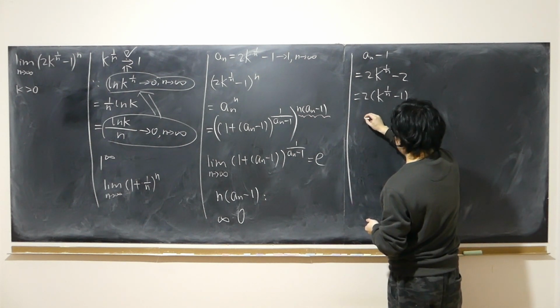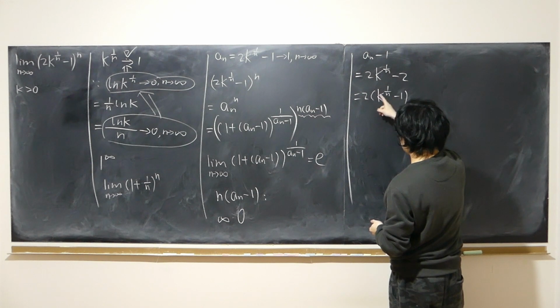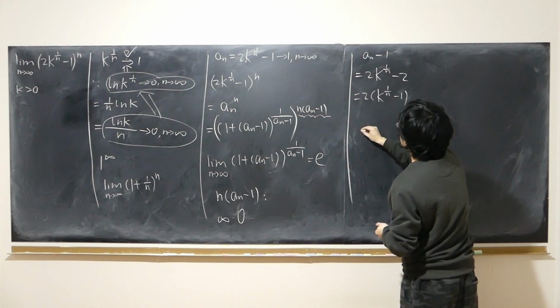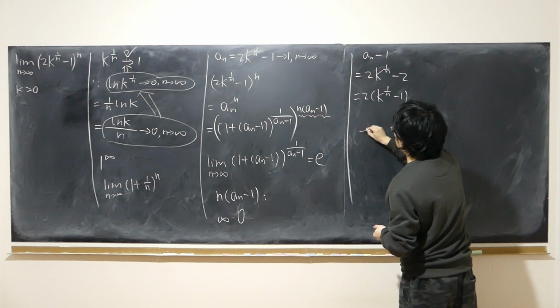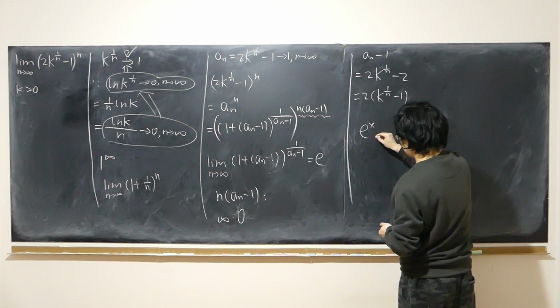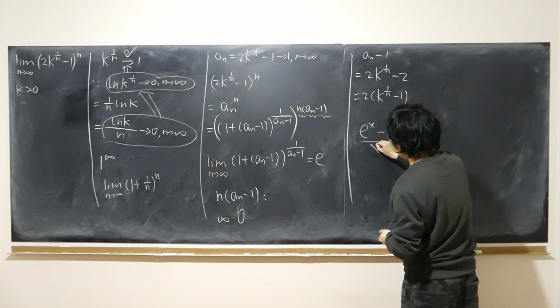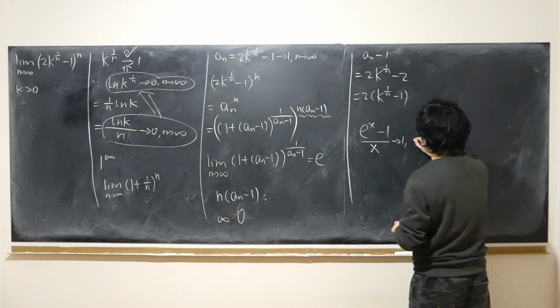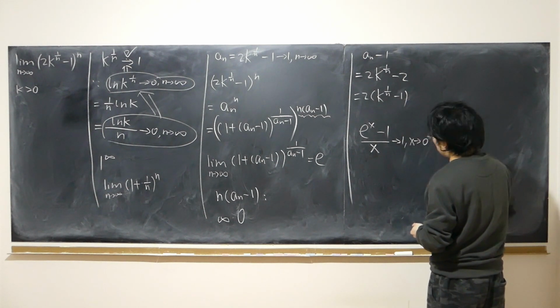I noticed that I can change the base. First of all, we know for a fact that (e^x − 1)/x approaches 1 as x approaches 0.